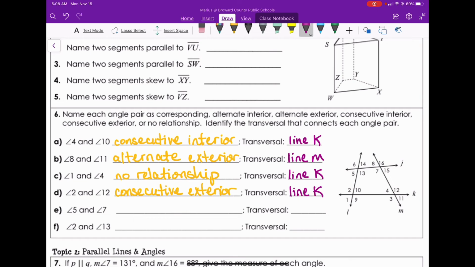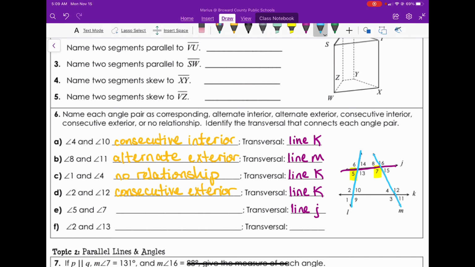Okay. All right, 5 and 7. Angle 5, where's angle 5? Angle 5 and angle 7. They're both on line J. And let's see how they compare. They're both underneath line J. They're both on the same side of line J. However, angle 7 is interior and angle 5 is exterior.